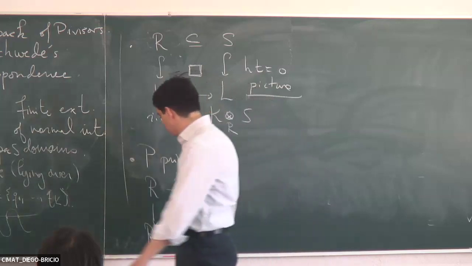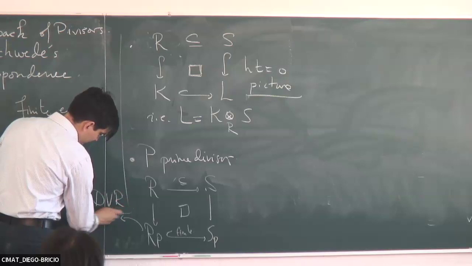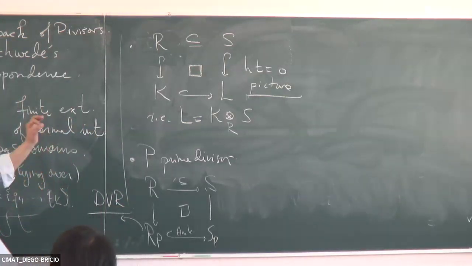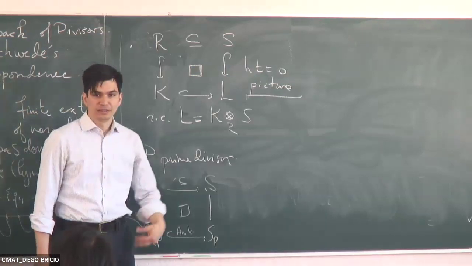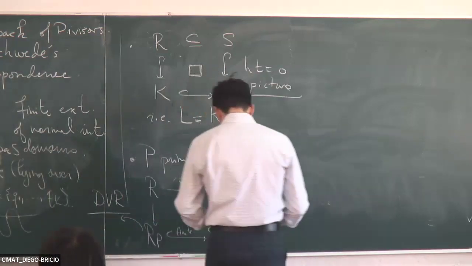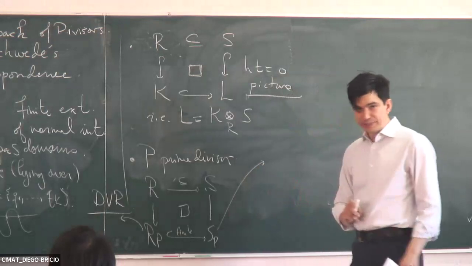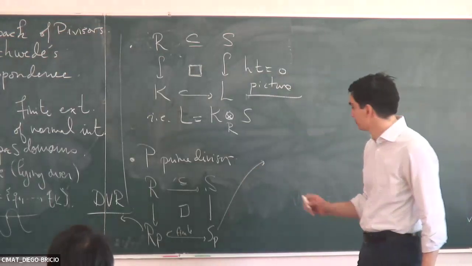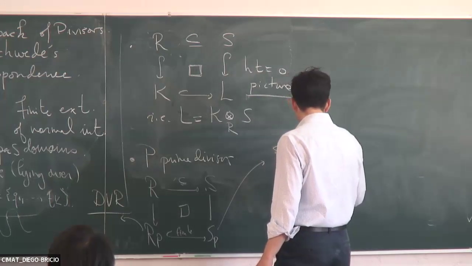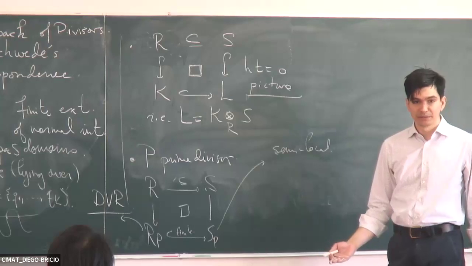So what is this ring? This ring is a DVR, because R is normal. If you localize at every single prime divisor, what you get is a discrete valuation ring. What about S_P? This ring has to be semi-local. What does semi-local mean? It means that it has finitely many maximal ideals.